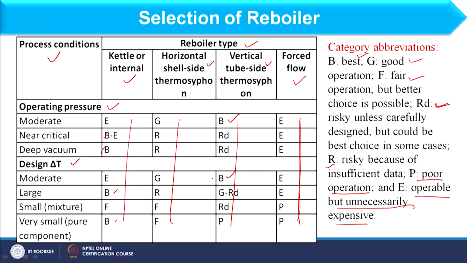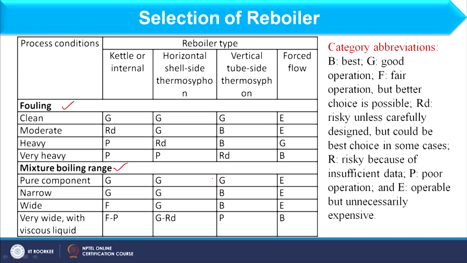Now, in the next part of this table, we do not have any B in kettle reboiler, horizontal shell side condenser and horizontal shell side thermosyphon reboiler also. However, we can have B 1, 2, 3 and 4 over here for vertical tube side thermosyphon, and for forced circulation we have B like this, where we are dealing with heavy fouling liquid and highly viscous liquid.